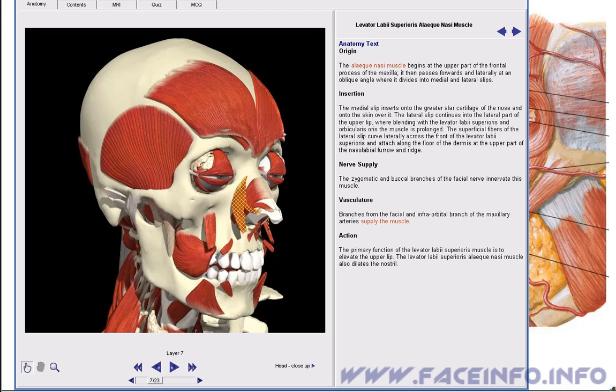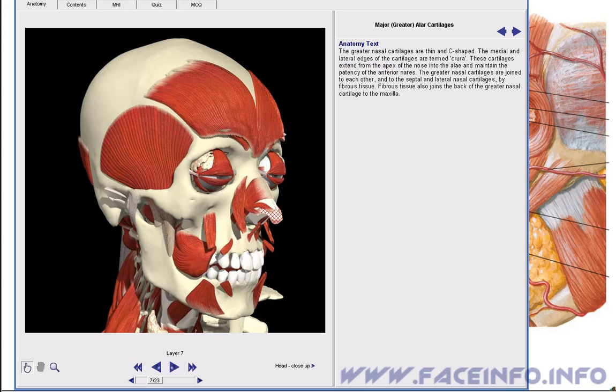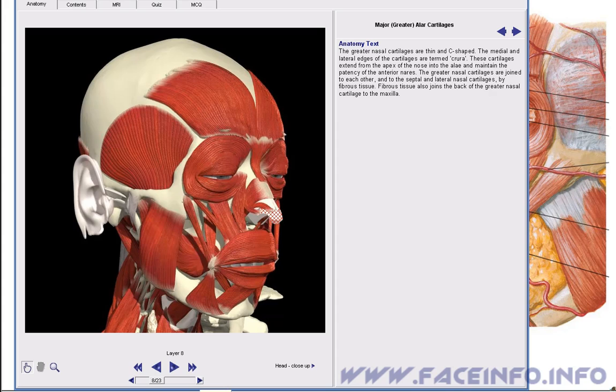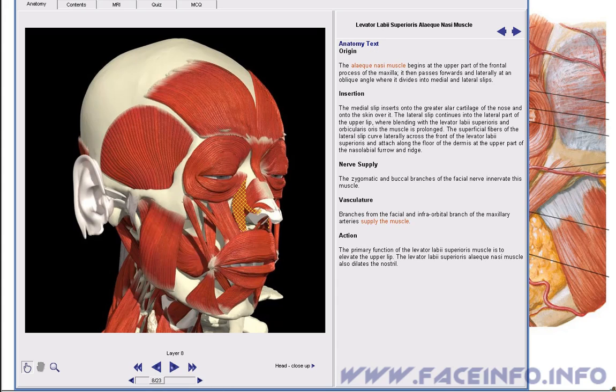The medial slip joins the greater lateral nose cartilage and the skin above the cartilage. When this slip works, the nostrils widen, and the lateral slip is woven into the orbicularis oris muscle. When it works, the upper lip is lifted.